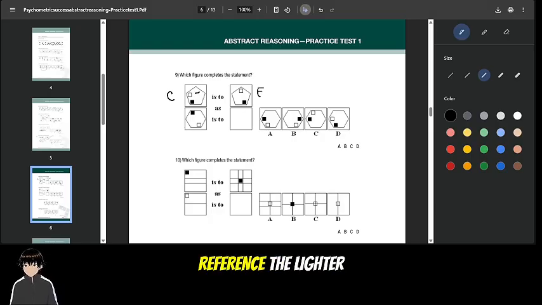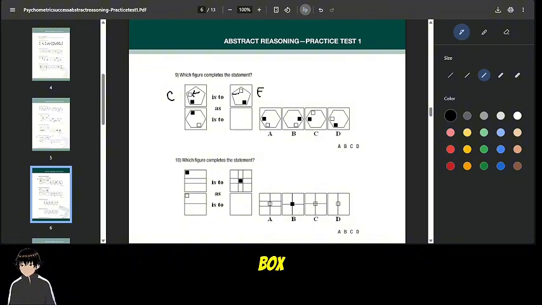So I'm using this as a reference. The lighter box moved to the center. And when the lighter box moved to the center, this black box went to the side. So I'm assuming, yeah.